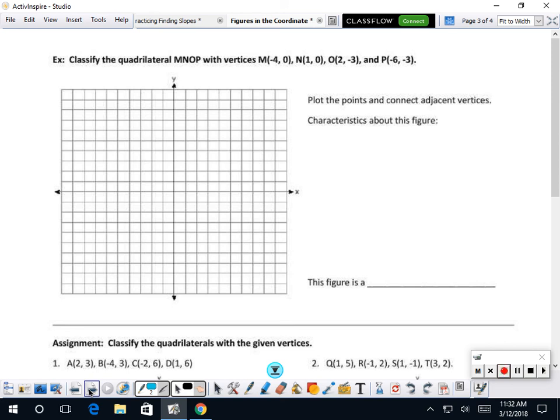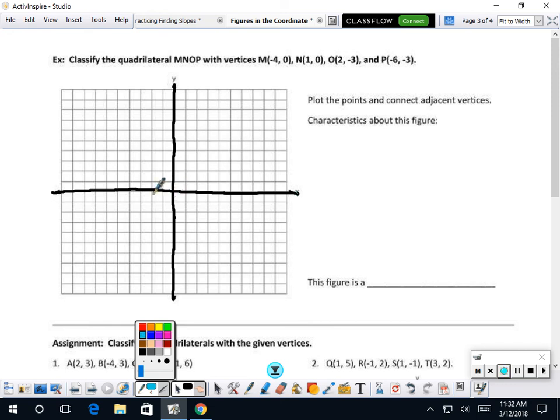So let's plot these new points here. First thing I'm going to do is make my axes darker so I can see them better. I'm going to plot my new points based on these new coordinates. So I'm going to plot the point -4, 0. So I go -1, 2, 3, 4. And it's actually going to be on the x-axis here.